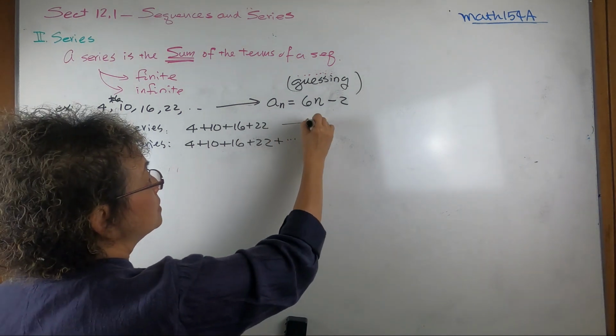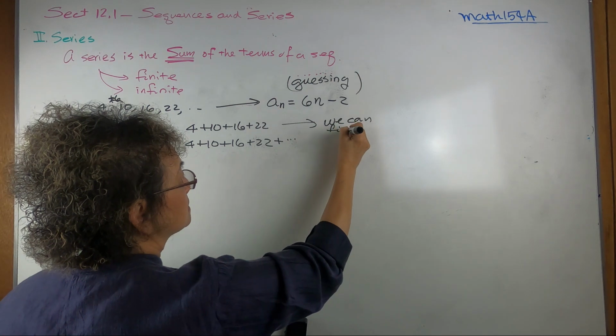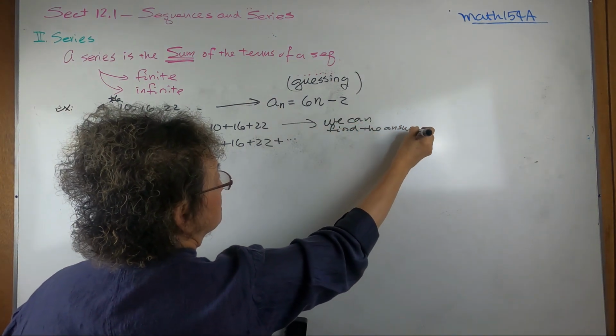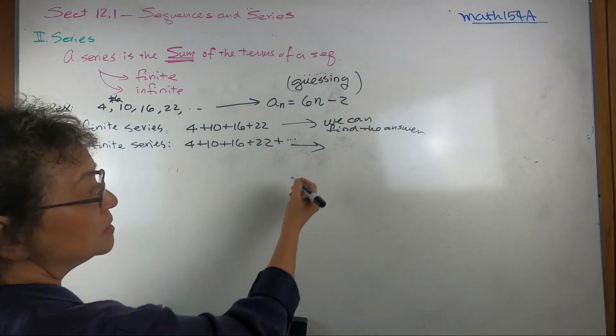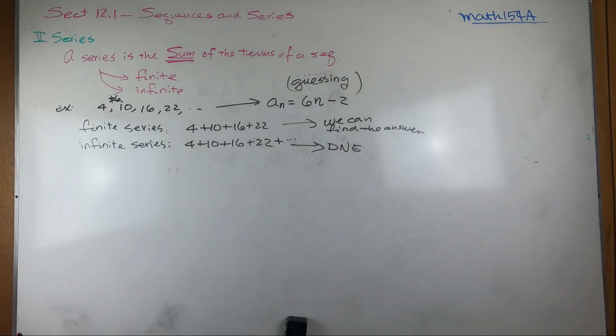For this one, we can find the answer. Then for this one, do we have an answer? You just keep adding, right? So it doesn't have an answer. Actually, it doesn't exist.